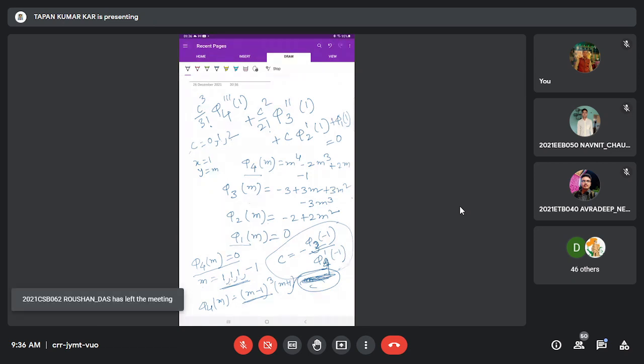And if there are 2 repeated roots, as I have already discussed, then you start from c square, not from here. So in this way you will get all the values of m and all the values of c. Okay, this is one example that I decided to discuss.